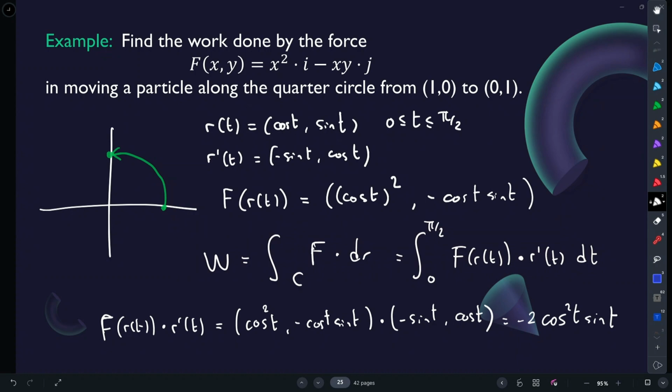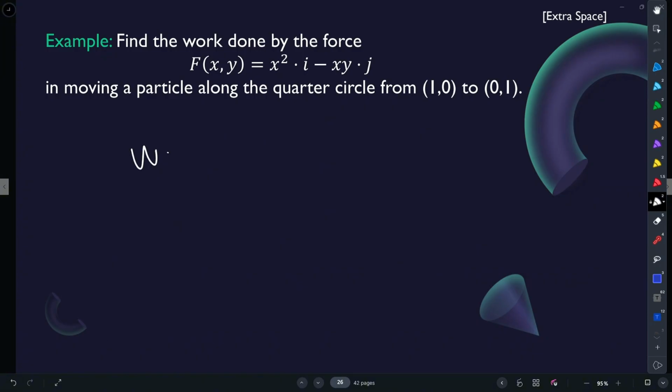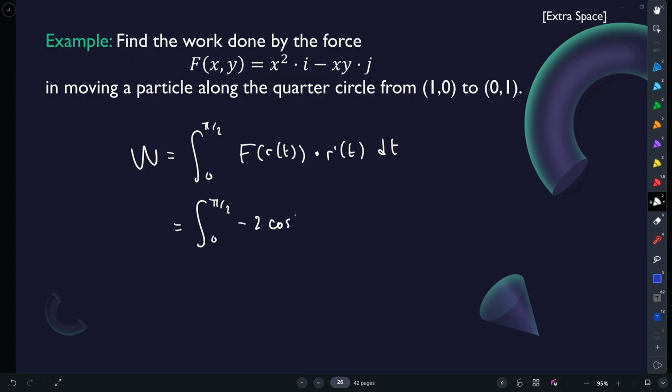So now the work, again, will be the integral from 0 to pi over 2 of F of r of t dot r prime of t dt, and that was the integral from 0 to pi over 2 of minus 2 cosine squared t sine t dt.